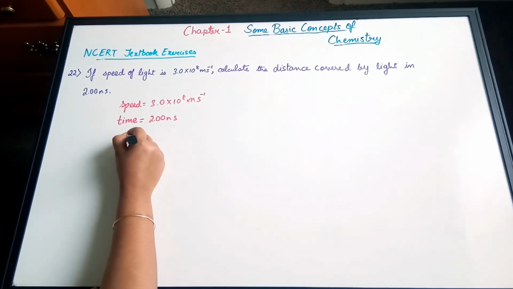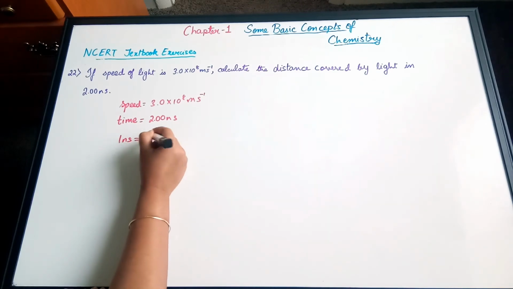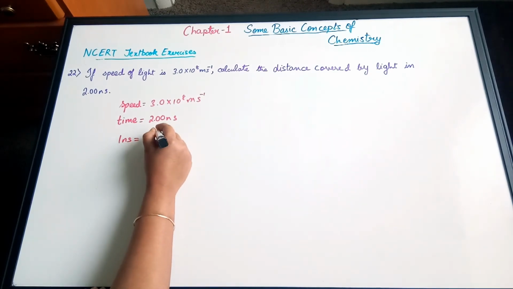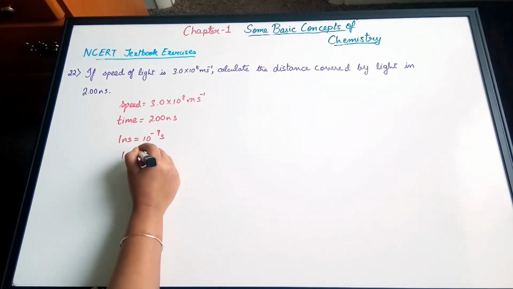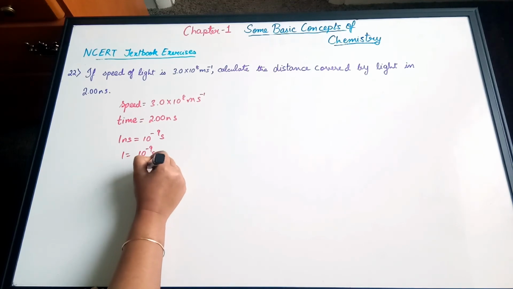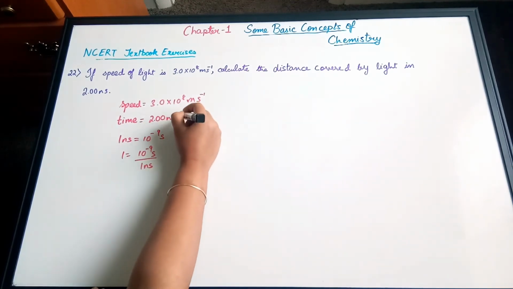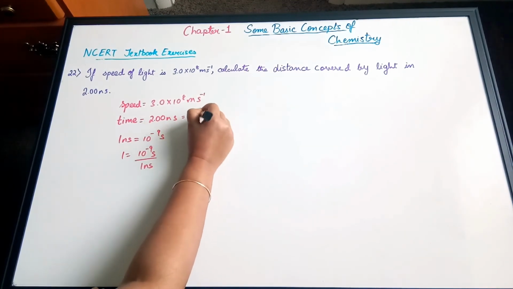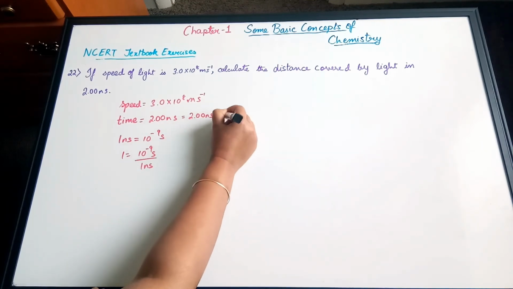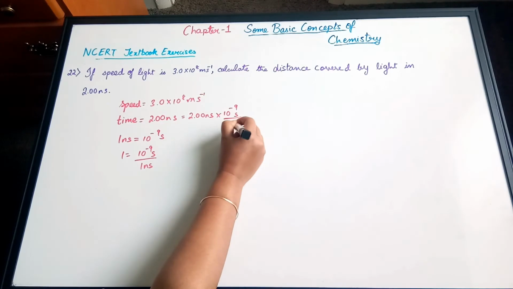Basically 1 nanosecond will be equal to 10 to the power minus 9 seconds. So the unit conversion factor would be 10 to the power minus 9 seconds divided by 1 nanosecond. So 2.00 nanosecond into 10 to the power minus 9 divided by 1 nanosecond.